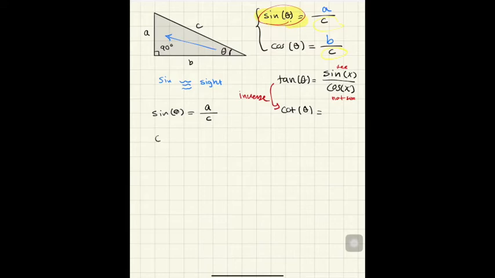Then what is the cos? Obviously divided by the largest side, because he's strong. We put it right there at the beginning, and then we already used A, so the only thing that's left is B. Tan is what I can see divided by what I cannot see.